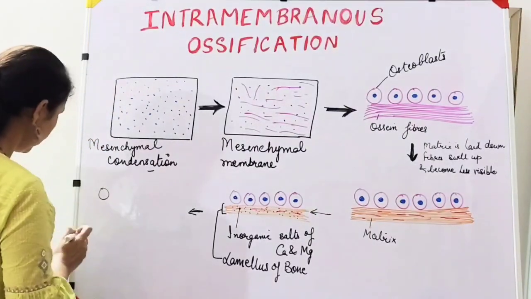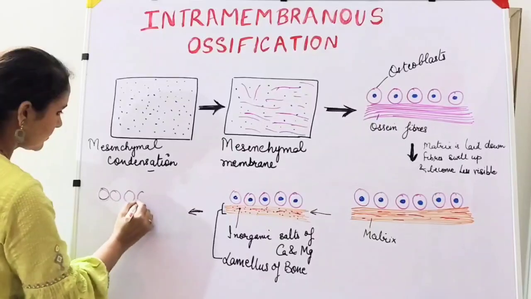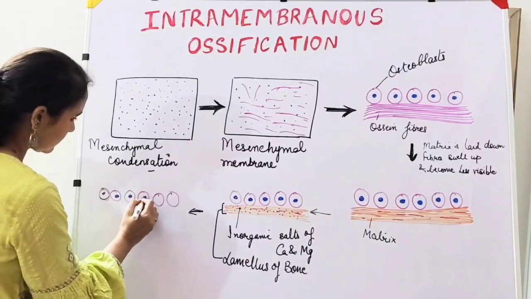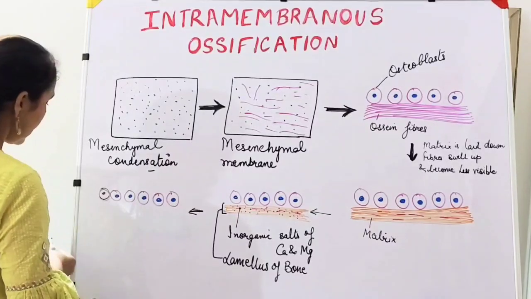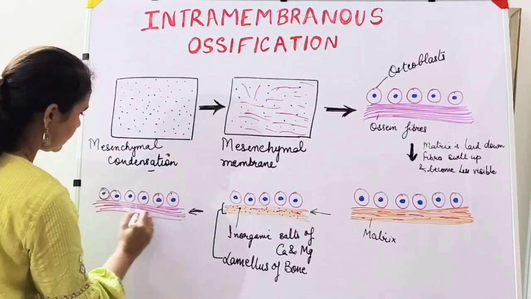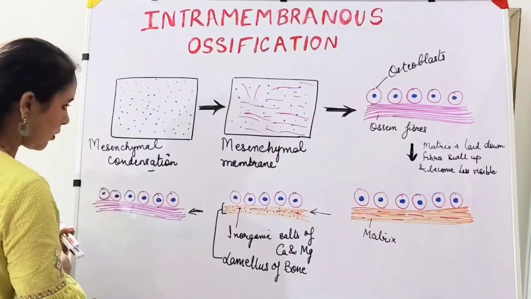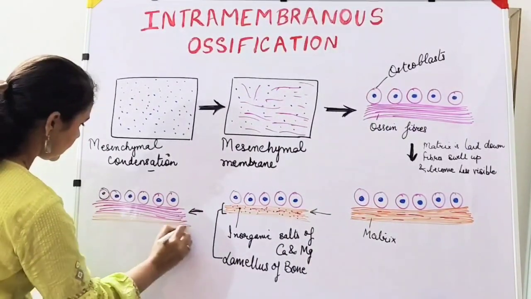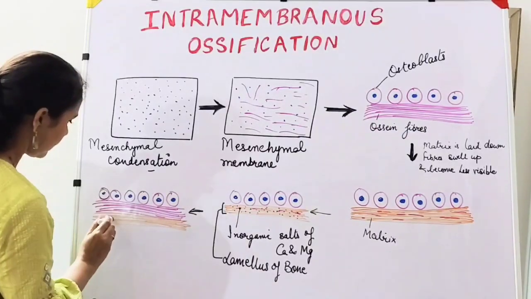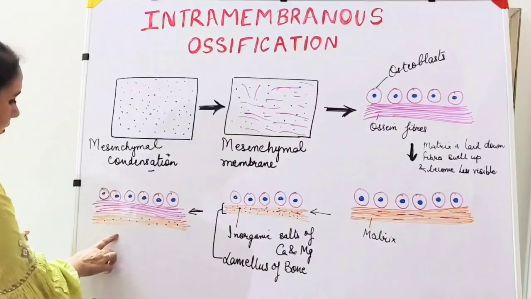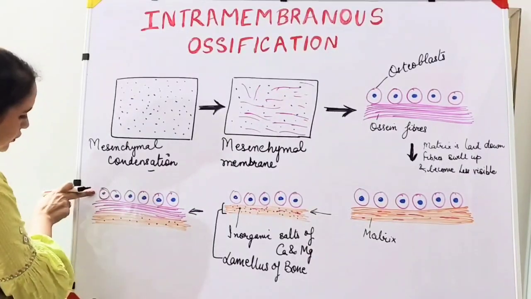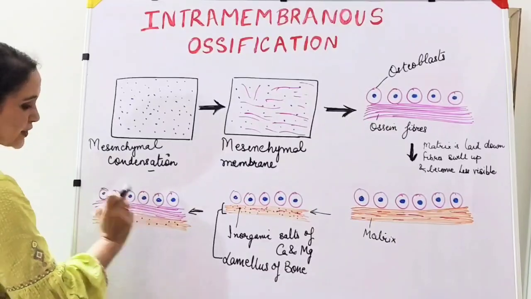So we have again the osteoblast, the nucleus, and again the ossifying fibers are being laid down, and we have the already formed lamellus. I think the diagram is very clear that one lamellus is already formed and the osteoblasts are laying down the new lamellus, and these osteoblasts have moved away from the lamellus which is already formed.